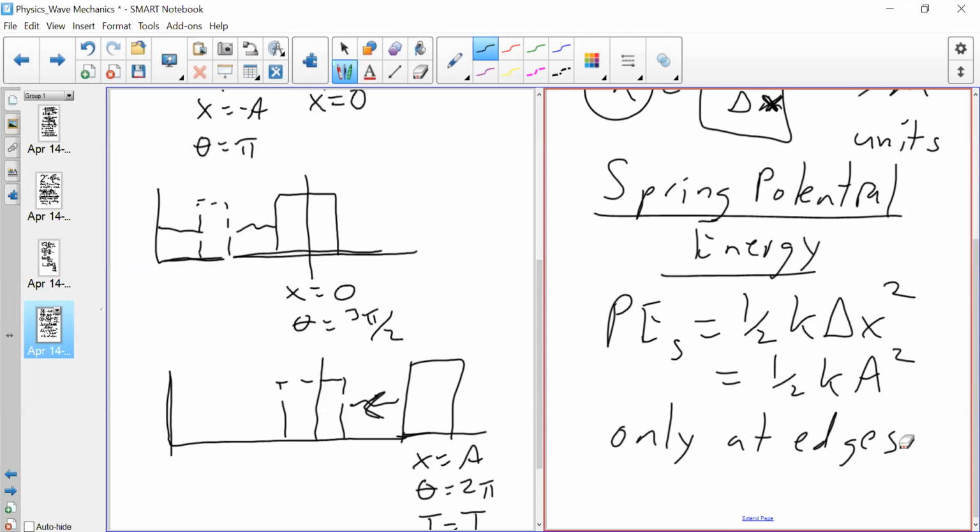And once the mass starts moving, all that potential energy gets converted to maximum kinetic energy at the middle. That's when it's moving the fastest, when x is equal to 0. And then it converts back to potential, kinetic, potential, back and forth, under the influence of one constant force.